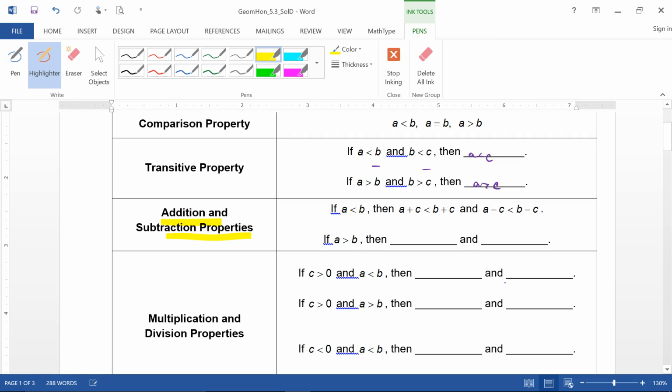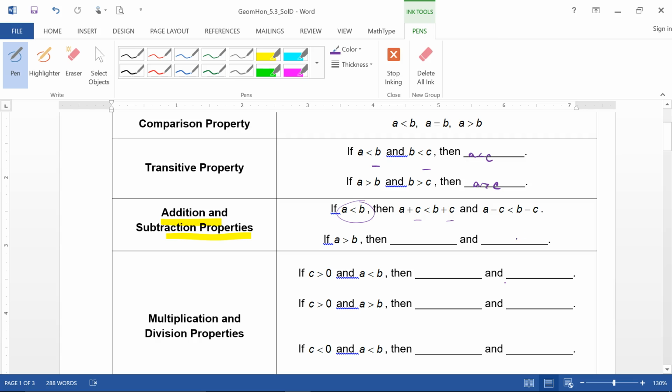Addition and subtraction properties for inequalities. So basically this says, if you have the inequality A is less than B, then you can add a number to both sides and the inequality doesn't change. So you can add C, or you can subtract C, and the inequality doesn't change.